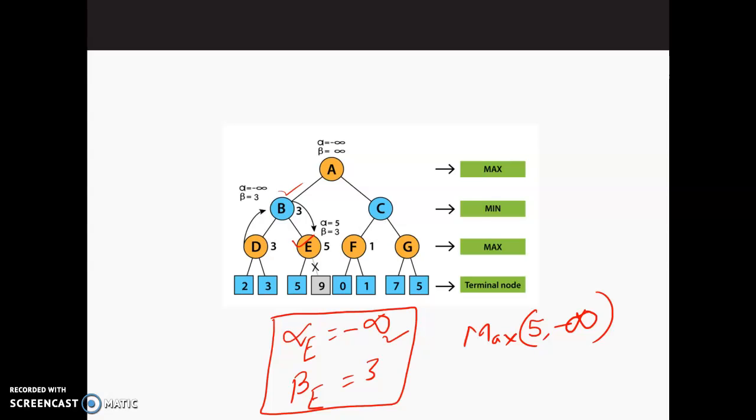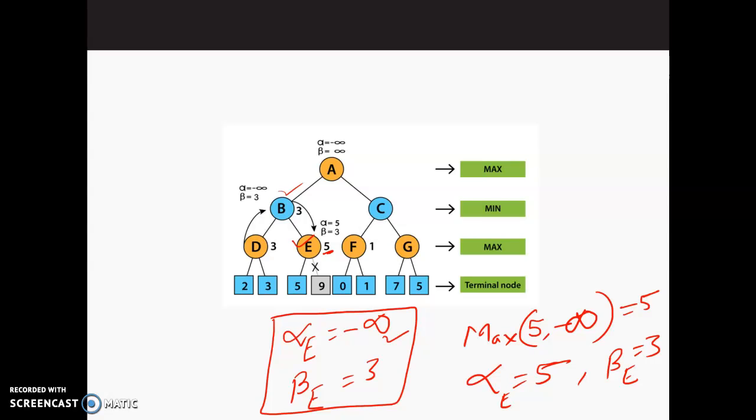Which one is the maximum? 5 is the maximum, so we will get 5. So node value at this node is 5, and alpha value is 5 now, and the beta value at node E is 3.